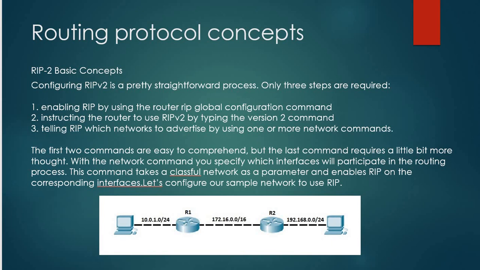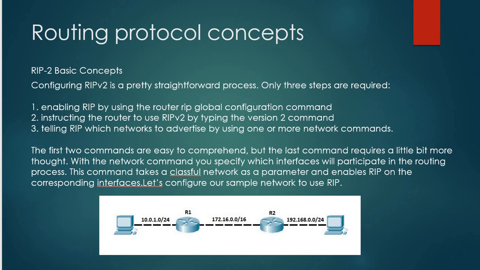So for telling the version, we have to type version 2 in the command line. The first commands are easy to comprehend, but the last command requires a little more attention, which is the network command that specifies the interfaces that participate in the routing process. These commands take a classful network as a parameter and enable RIP on the corresponding interface.